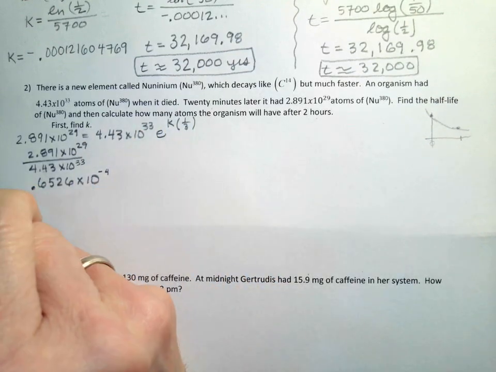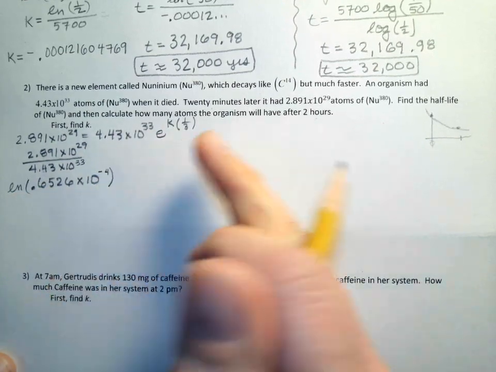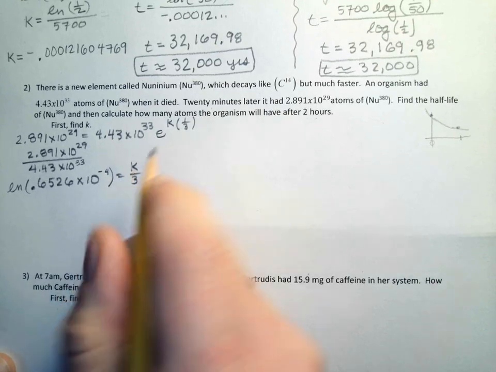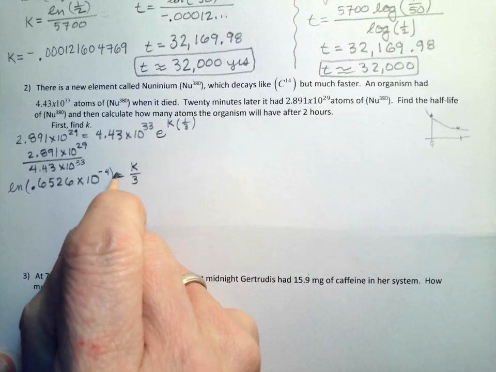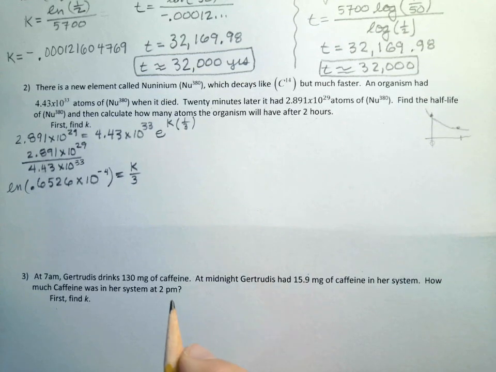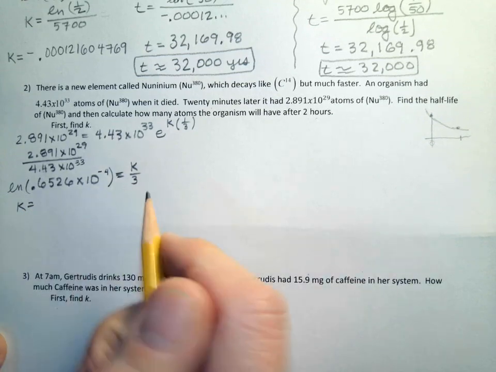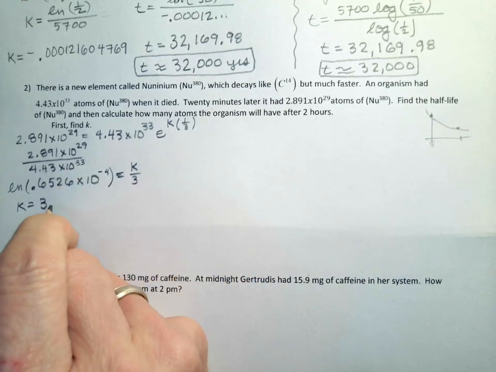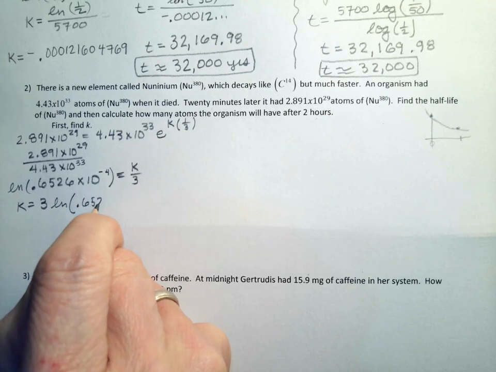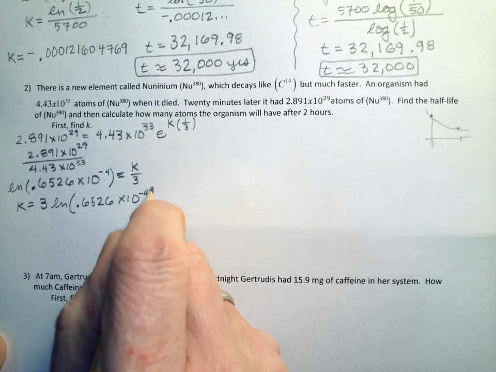I'll take the natural log of both sides. The natural log of this, I can bring down in front, k over 3, natural log of e. And now I just simply multiply it through by 3. So k is equal to 3 times the natural log of 0.6526 times 10 to the -4.